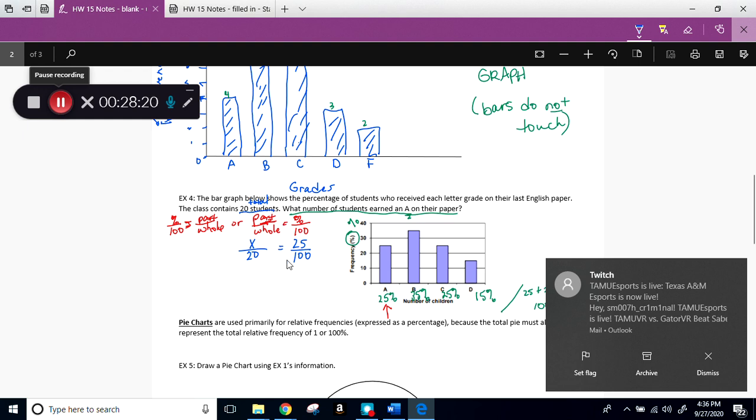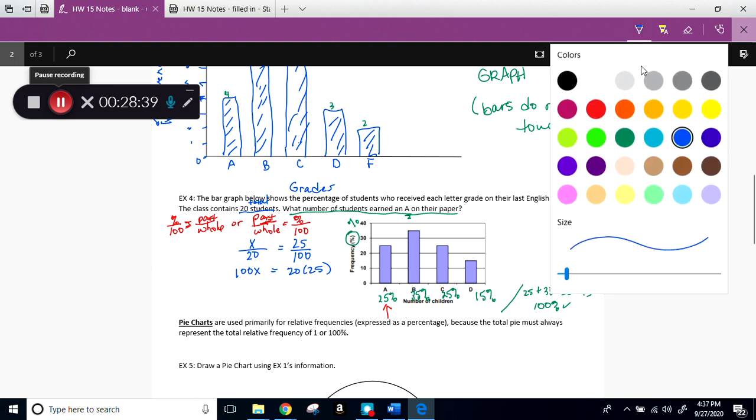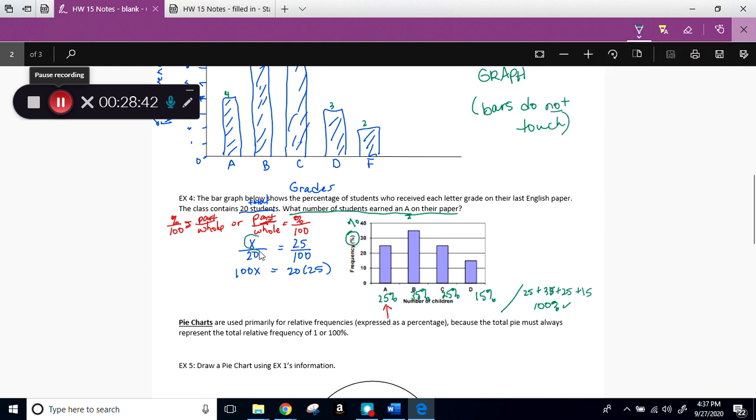And then anytime I have a proportion, a fraction equal to a fraction, I can then cross multiply. So that'd be 100 times x equals 20 times 25. So we're going to be multiplying diagonally. Product of the means equals product of the extremes. 100 times x equals, we put equals in the middle, 20 times 25.